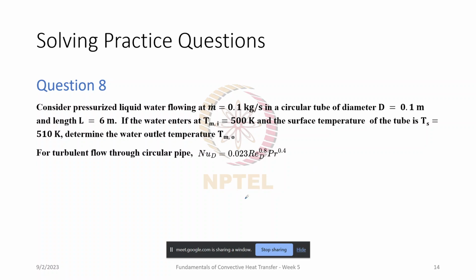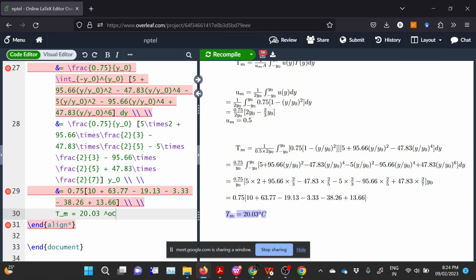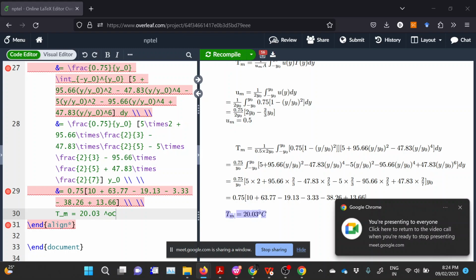Yes, someone has raised a hand. You can unmute and say whatever you want to say. Rishabh Kumar, you have raised your hand.